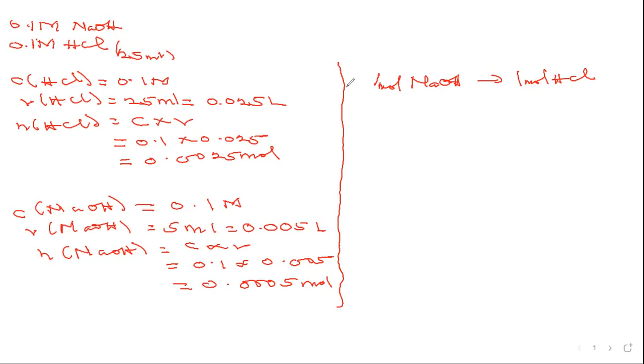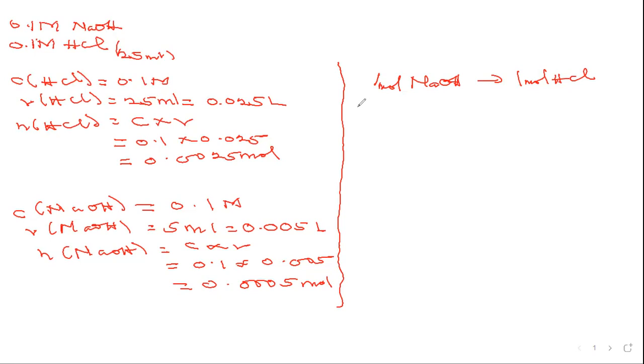Great. So it means that once I've added 5 mL of my base to the acid, it will take care of an equivalent amount of the moles of the acid. And so I have to find the excess moles of the acid that is now left in solution.